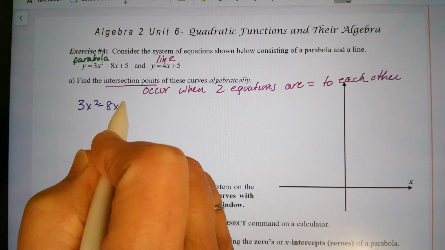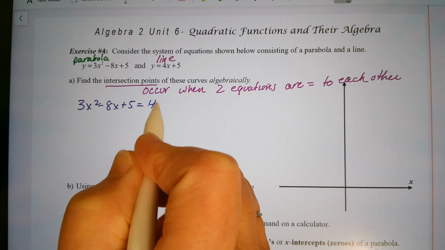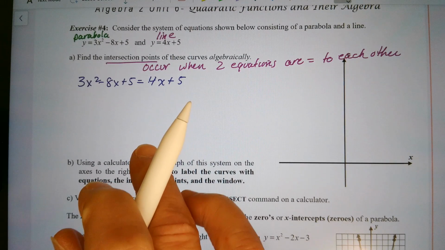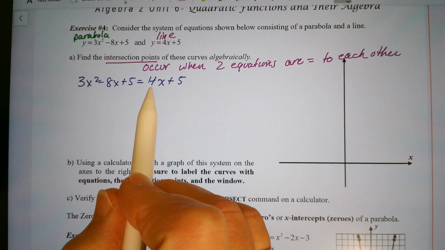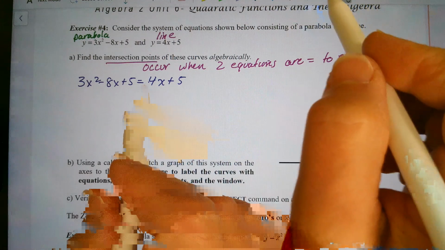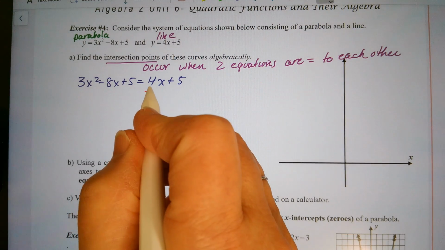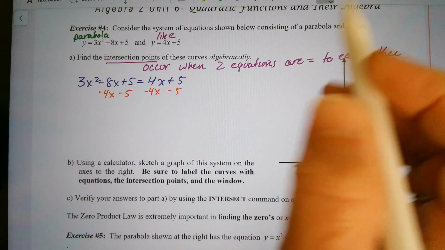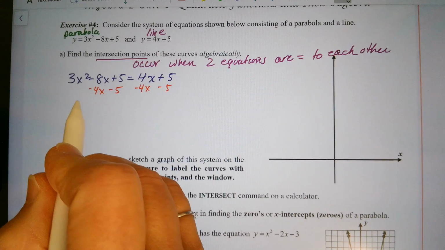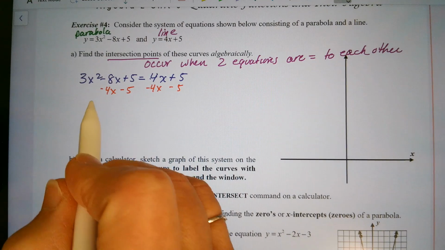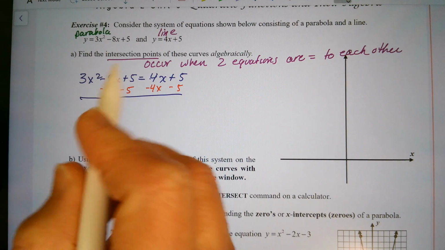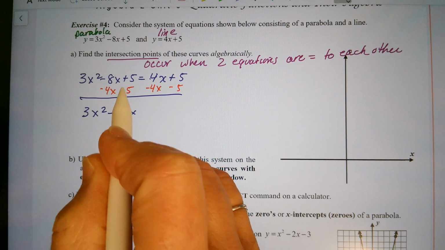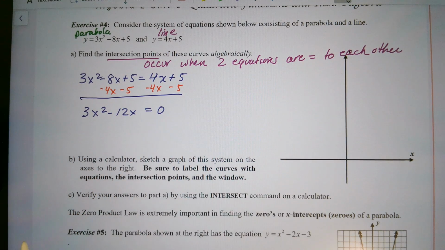3x squared minus 8x plus 5 equals 4x plus 5. We want to put this in standard form. So we're going to subtract 4x and subtract 5 from both sides. 3x squared minus 12x equals 0.